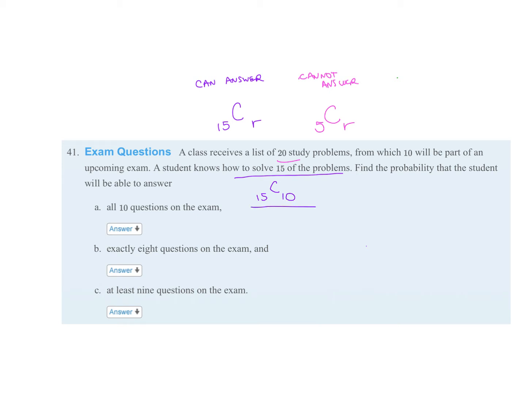And then the probability is out of 20, choose 10. So then you can do the work for this. You would have 15 factorial over 15 minus 10 factorial over 10 factorial, and then all over 20 factorial over 20 minus 10, which is 10 factorial times 10 factorial, and then we just simplify.